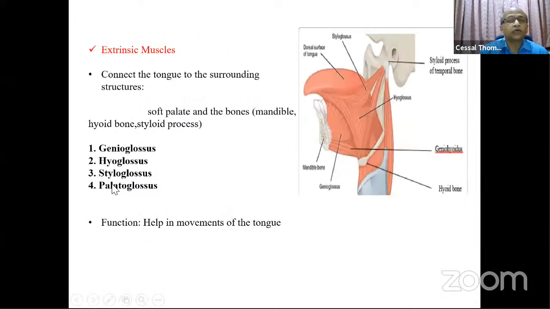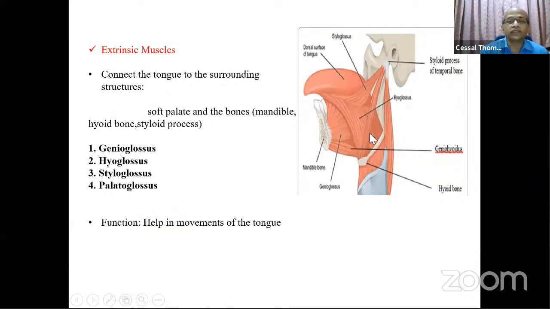And also there are four extrinsic muscles: genioglossus, hyoglossus, styloglossus, and palatoglossus. The last two are very slender muscles, not very important as far as cross-sectional imaging is concerned. But these two muscles, genioglossus and hyoglossus, are very important, and one should know these muscles and where they are seen.